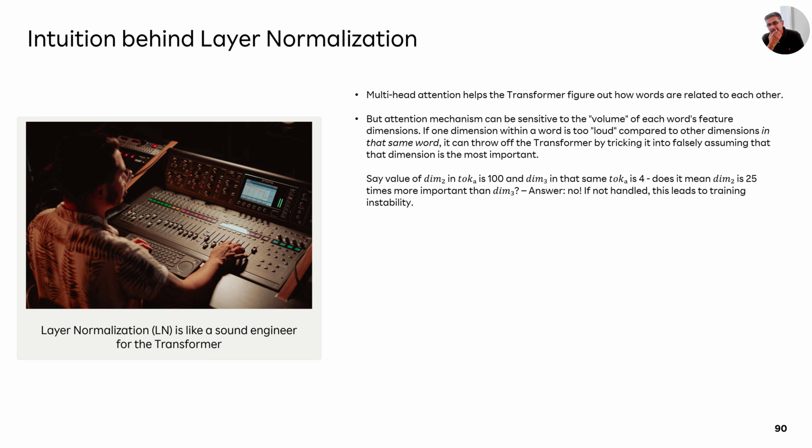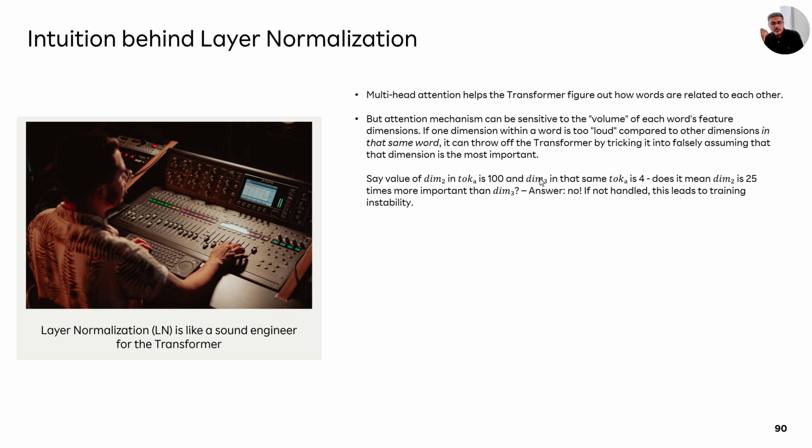However, what happens if some of the feature dimension values are much larger for a given word than the values of other features of the same word? As an example, let's say dimension 2 of this token is 100 and dimension 3 of the same token is 4. Does it mean that dimension 2 is 25 times more important than dimension 3? It might not. So that's a problem.